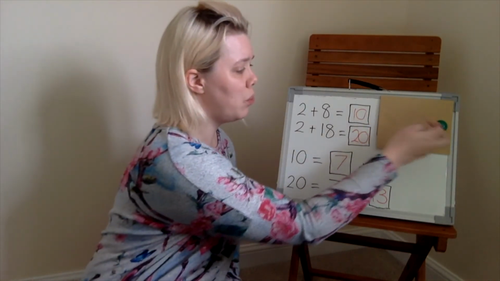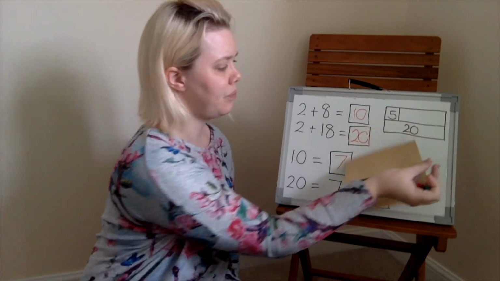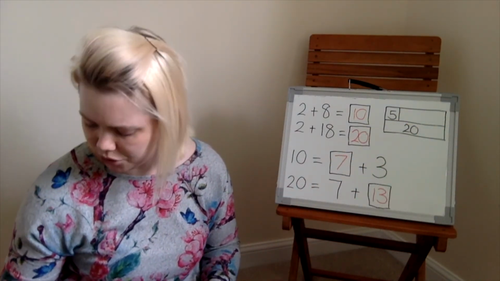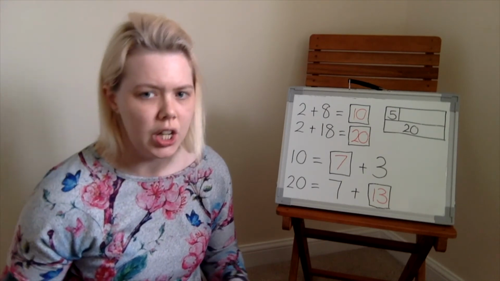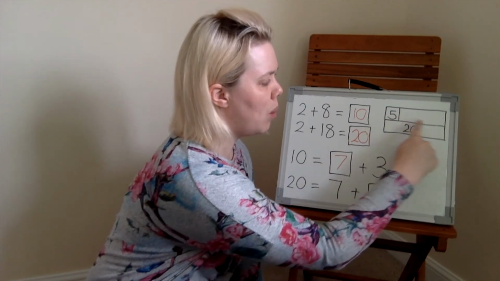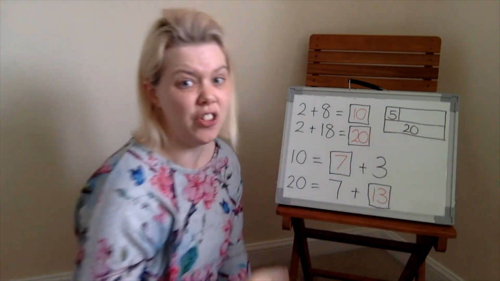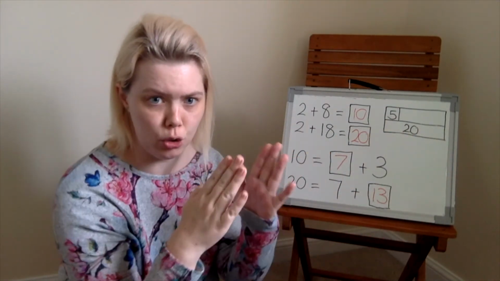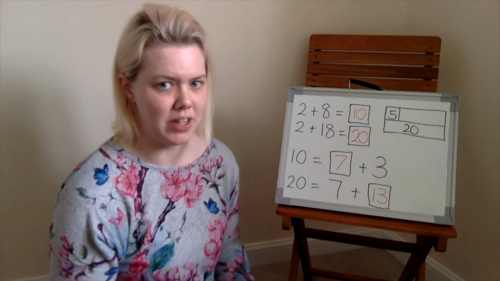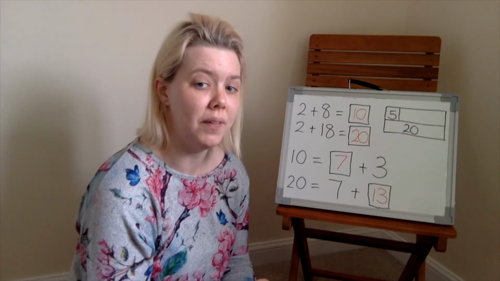And then the last one I'm going to show you is a bar model. Now, we've not really looked at bar models very much in year 1. So here we've got 20. That's what my answer is, 20. That's how much there is all together. I already know one of the numbers that goes in to make 20 because I've got it written there, is the number 5.